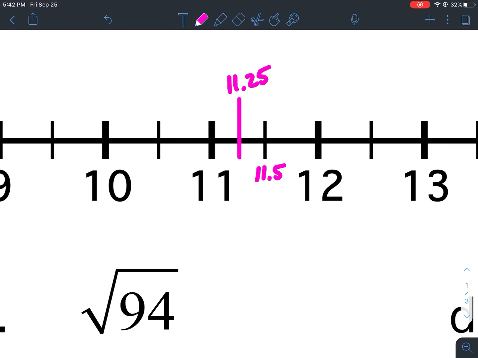So in other words, the point should be on this side of that line. So this is my point, and I'm going to label that A because it was example A. It'd be between the 11 and the 11.5, but a little closer to the 11. Again, this is an approximate location.